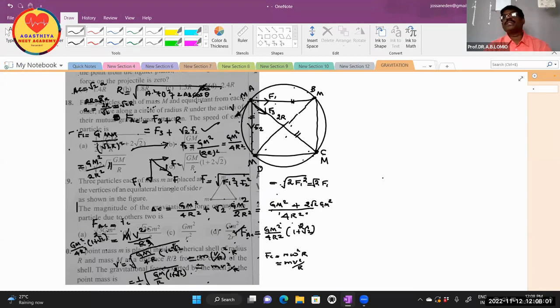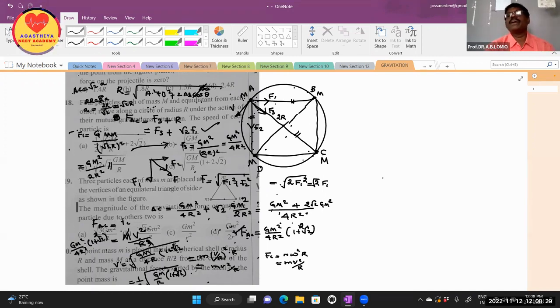The question is to find the linear velocity or tangential velocity of the revolving mass. Whenever the tangential velocity comes, we have to equate the law of gravitational force with the centripetal force. The centripetal force is equated with the total force acting on any one of the reference masses.